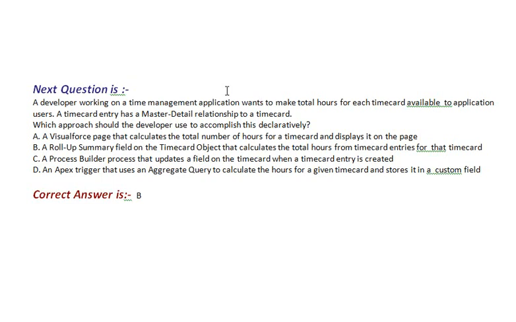Option B, a roll-up summary field on the time card object that calculates the total hours from time card entries for that time card. Option C, a process builder process that updates a field on the time card when a time card entry is created. Option D, an Apex trigger that uses an aggregate query to calculate the hours for a given time card and stores it in a custom field. And the correct answer is option B.